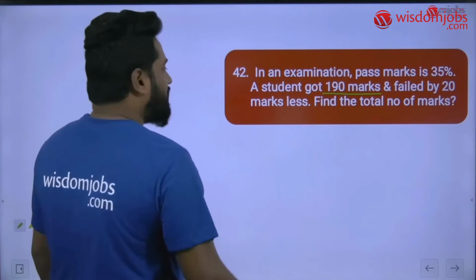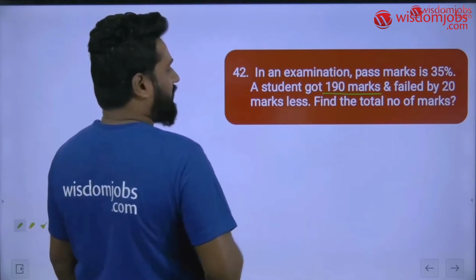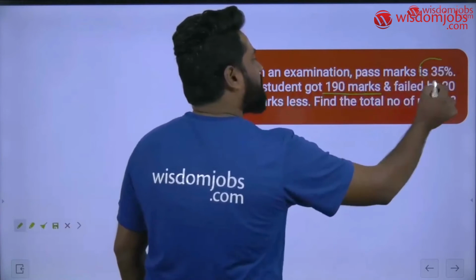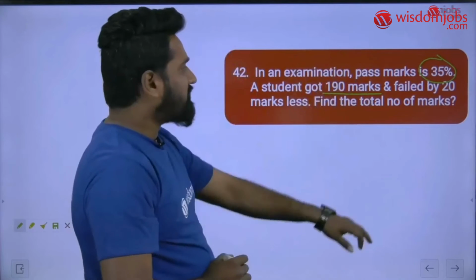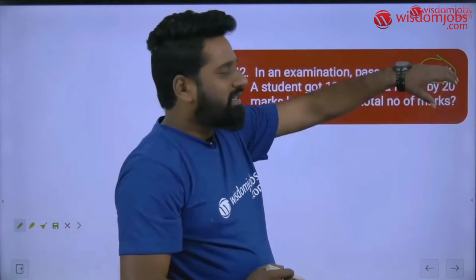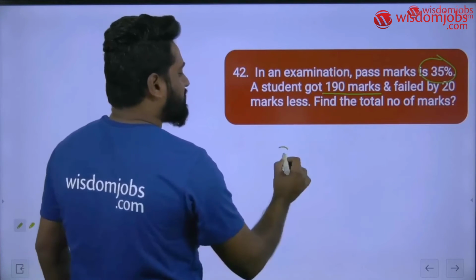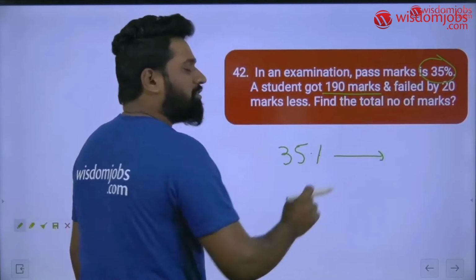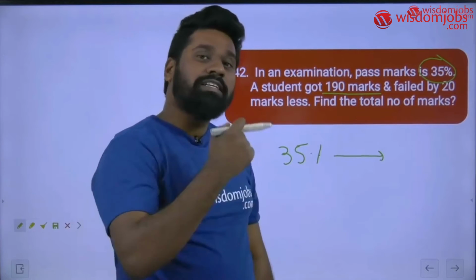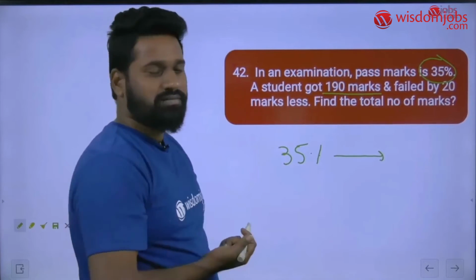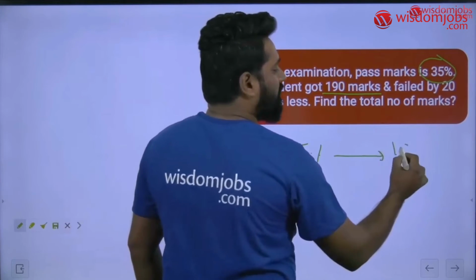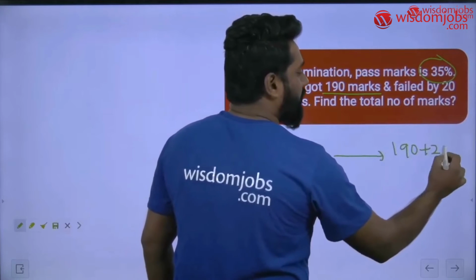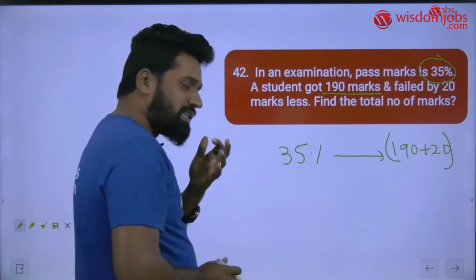So let us write that 190 plus 20 indicates 35% of the marks, because this represents the pass percentage. This is in terms of percentage, and if you add these two, that represents the pass marks in terms of number.